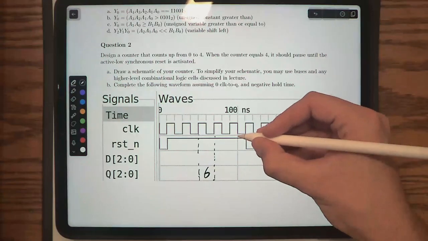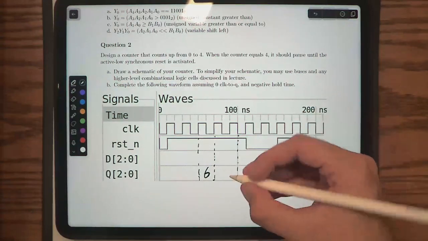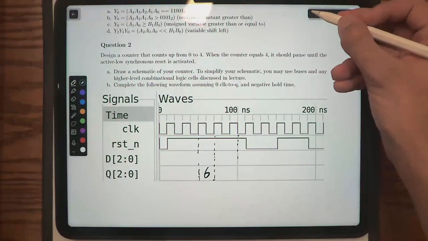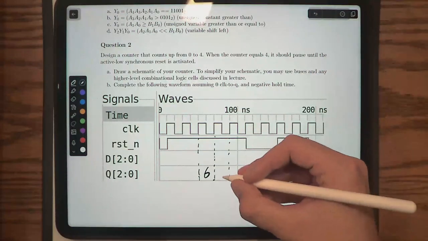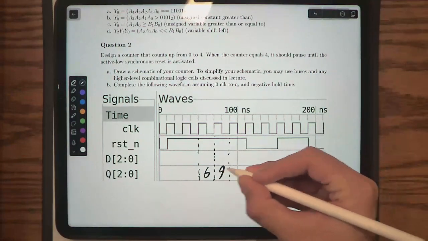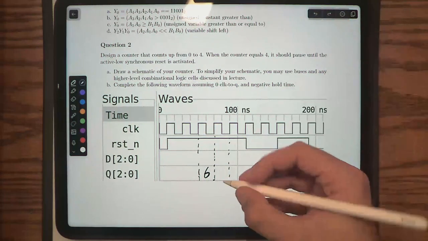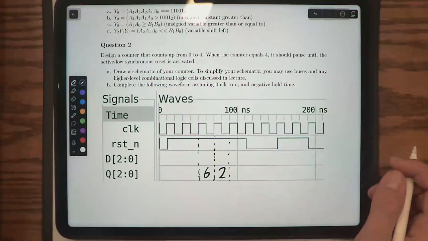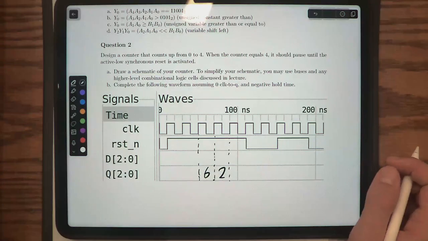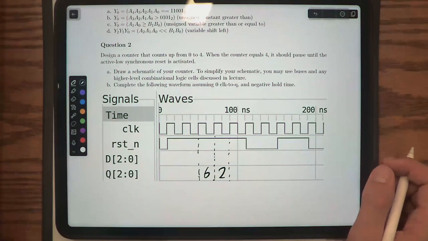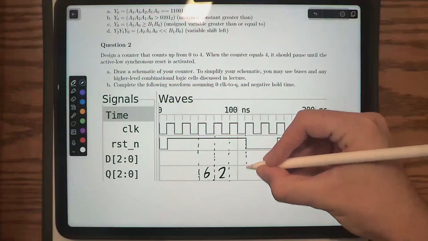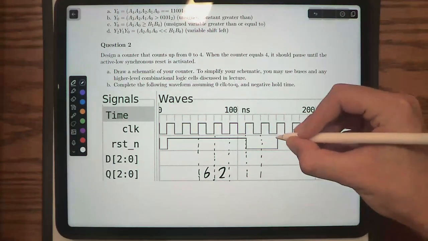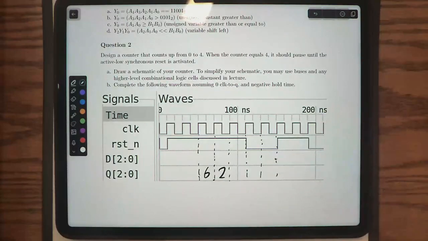And maybe on the next cycle it stored the value of 2, then you would just write in 2. You can just write in the number like this. And to make it extra clear, you could write little lines right here to separate out each clock cycle.